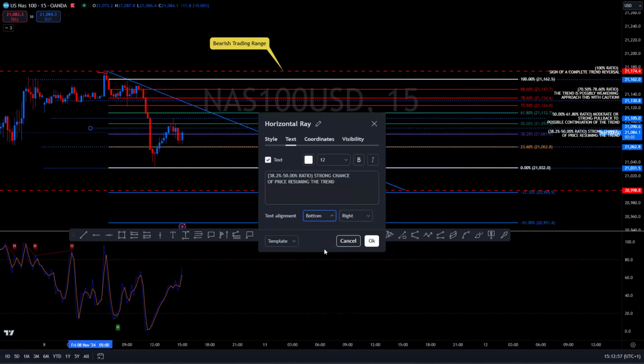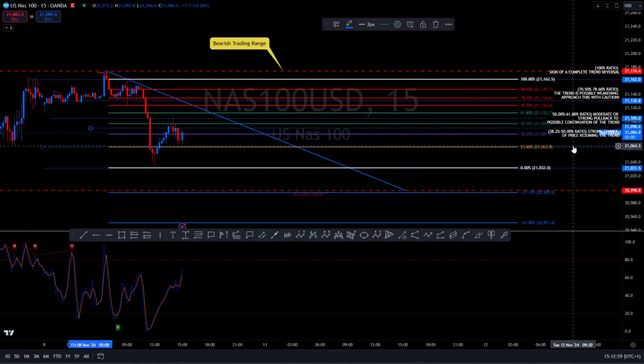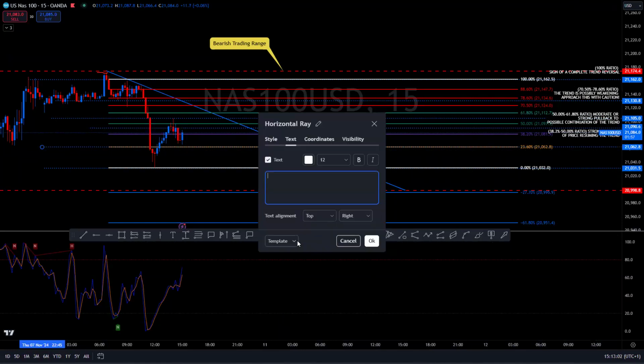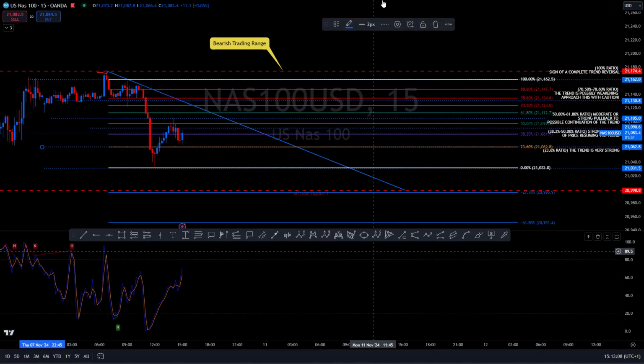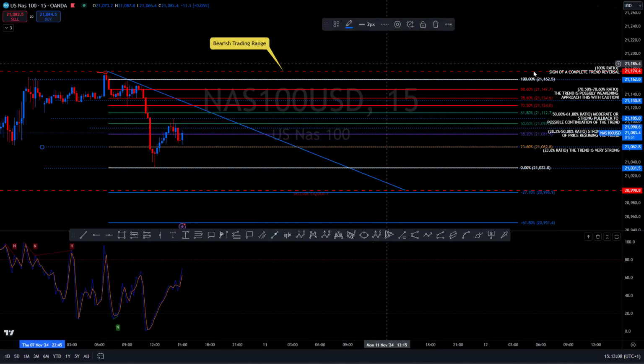I'll put this at the bottom. And then this one's going to be the 2360. We're going to move this to the bottom. Okay, so now we know what the P ratio points are.